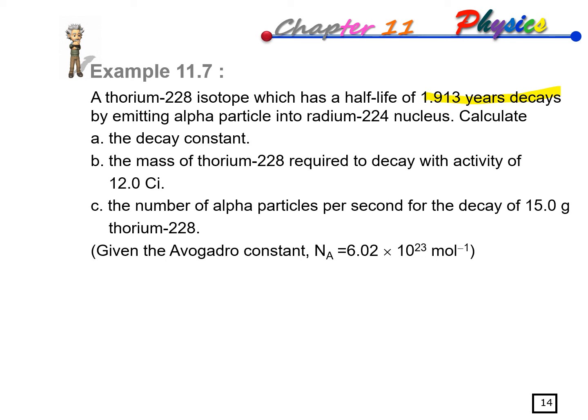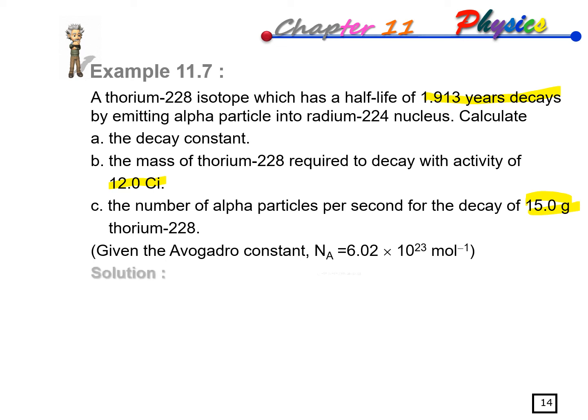Calculate the decay constant, and then B, the mass of the thorium-228 required to decay with an activity of 12 curie, and then C, the number of alpha particles per second for the decay of 15 gram of thorium. The value of the Avogadro constant is given over here.